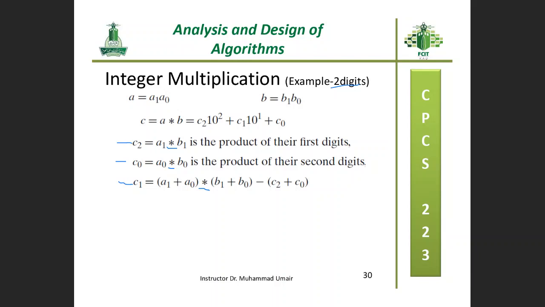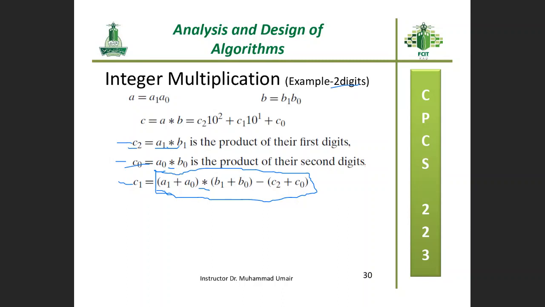So if you rewrite these formulas in this way, C2 is calculated by multiplying the tens digits of the given numbers, the unit digits product is represented by C0, and C1 is calculated using this formula, then the number of multiplications required for two digit numbers will be reduced from 4 to 3. Is that clear? As I mentioned earlier, it is not much significant, but at least we have reduced the number of multiplications.